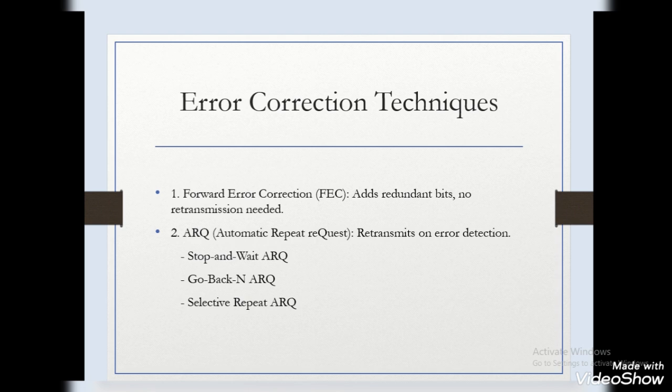Types of ARQ: stop and wait ARQ, which sends one frame at a time. Go back N ARQ, where multiple frames are sent, and on an error, all following frames are resent. And selective repeat, where only the erroneous frames are resent.